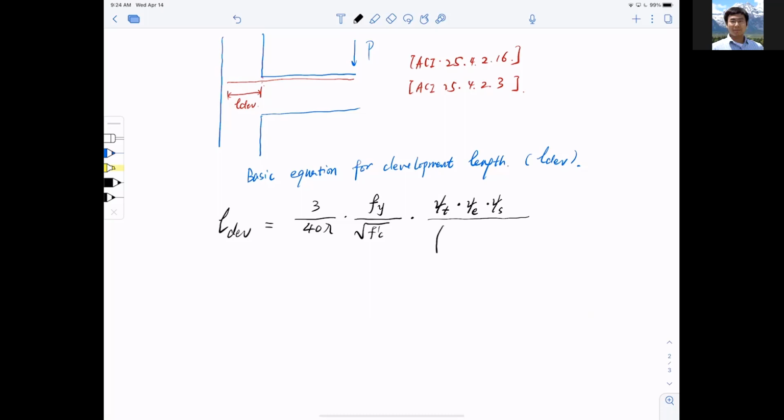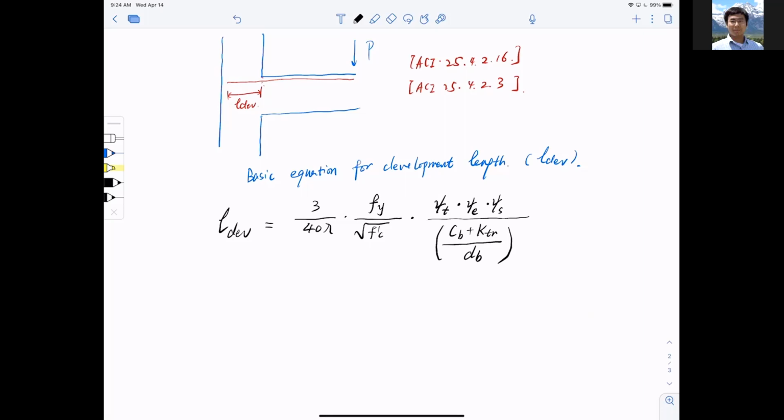At the bottom here is the confining parameter. The confining parameter consists of cb, which is concrete cover, plus Ktr, a coefficient of confinement, divided by db, which is the diameter of the bars that need to be developed.